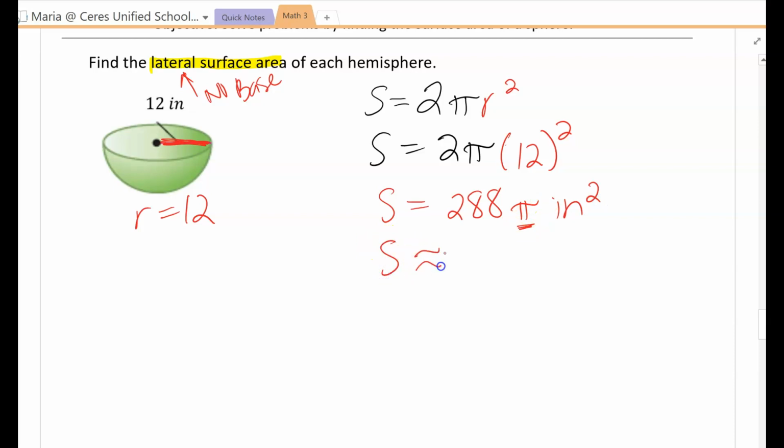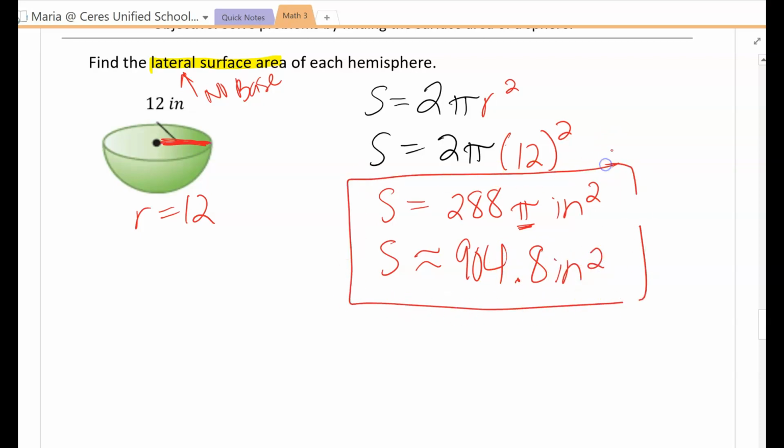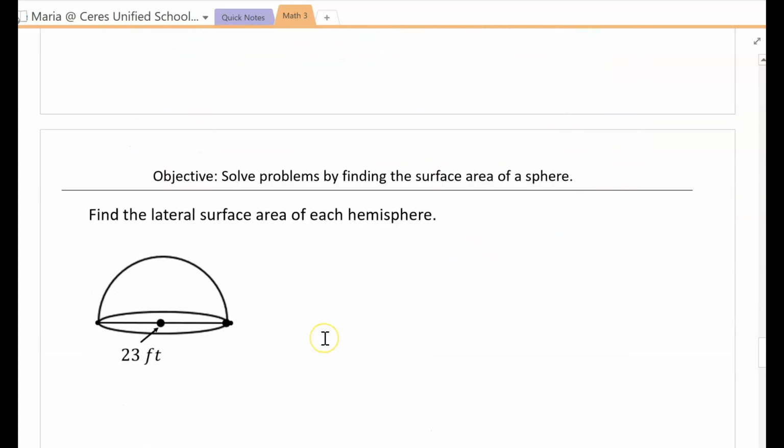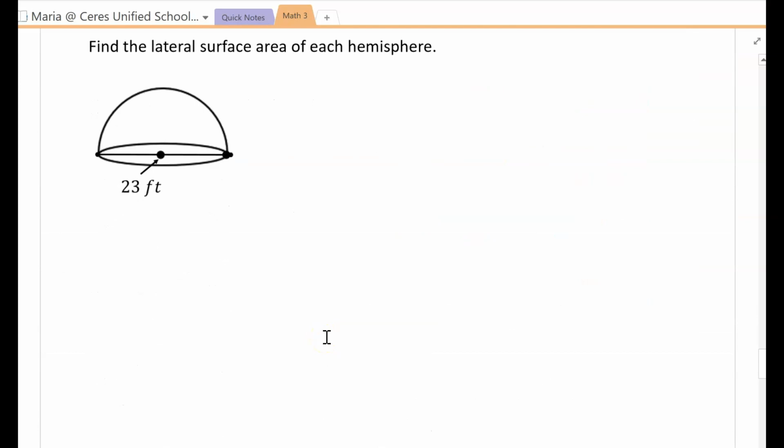So S is approximately 288 times pi, which is approximately 904.8 inches squared. So those are my two answers, the exact answer and the approximate answer. But again, on your homework, I believe you're only going to see this 904.8 inches squared, for example. Okay? All right. So now let's look at the next example.